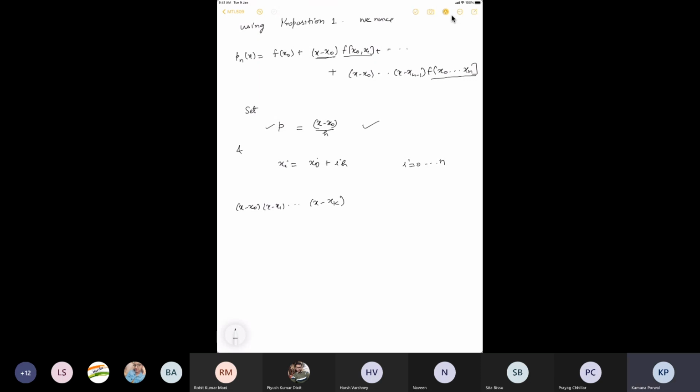If I use this, p is x minus x naught divided by h, so I can write this. Let's try to simplify any x minus xi. So x is x naught plus ph, minus xi, which is x naught plus ih. What will I get? This is (p minus i) times h.